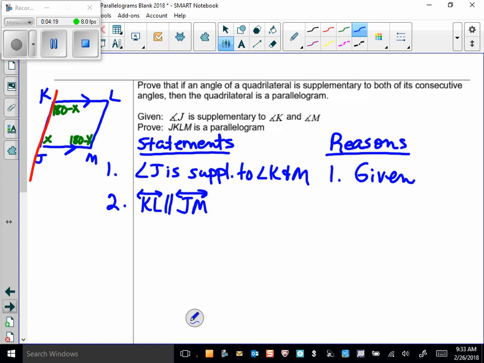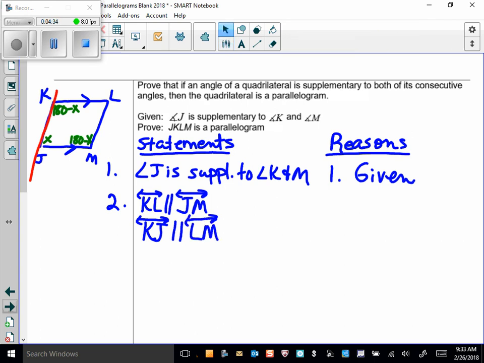And what do I also know? I know that KJ is parallel to LM, right? Let me double check that. KJ is parallel to LM.